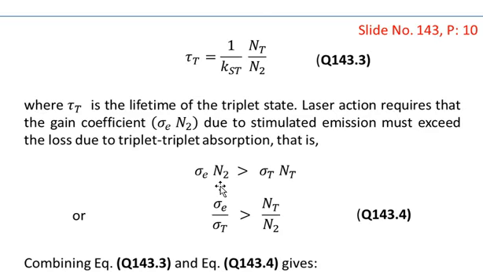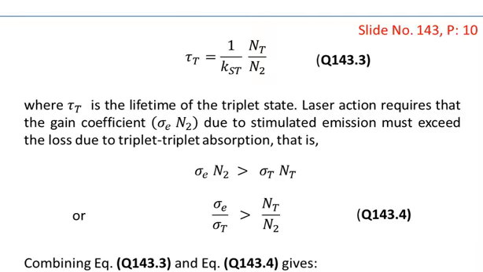So laser action in the continuous mode will only be possible when the laser emission term, sigma E, the stimulated emission cross section, multiplied by N2, dominates the loss term, because sigma T multiplied by Nt is a loss due to the population in the triplet states. So when the gain is much greater than the triplet loss, continuous wave operation of the system will be possible. And we can solve this equation for the ratio of sigma E to sigma T, which is greater than Nt over N2.